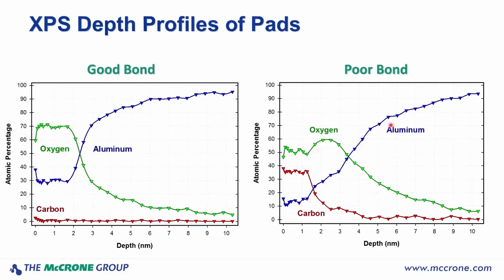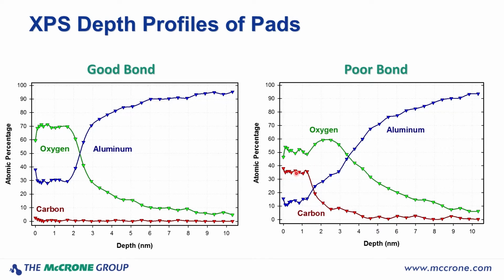In contrast, if you look at the poor pad, as we suspected, we see a layer rich in carbon, and it's around 1 to 1.5 nanometers in thickness. We can see there's also oxygen that we're picking up, both associated with that carbonaceous layer, because we know there's an ester or acid functional group included, and maybe some of the oxide layer associated with the aluminum surface.